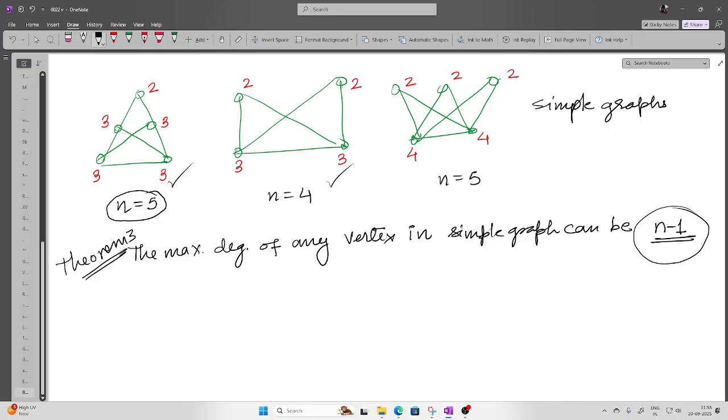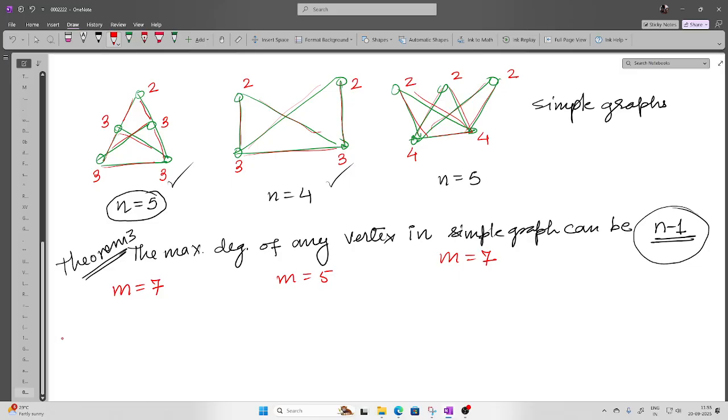Likewise, if you count the number of edges in these graphs, let's say in this graph it is 1, 2, 3, 4, 5, 6, 7. So m is 7 in this graph. This is 1, 2, 3, 4, 5. So here m is 5. Here 1, 2, 3, 4, 5, 6, and 7. Here m is 7.